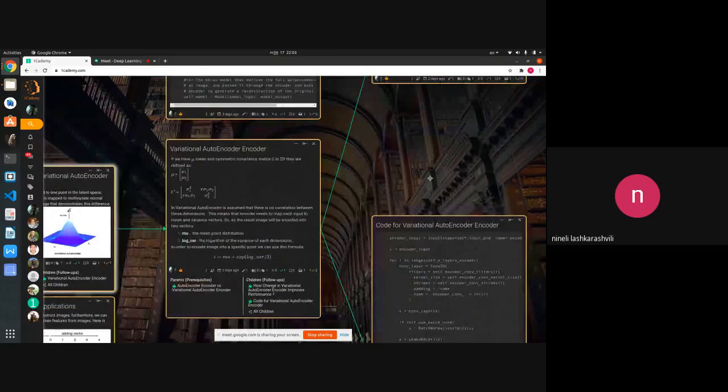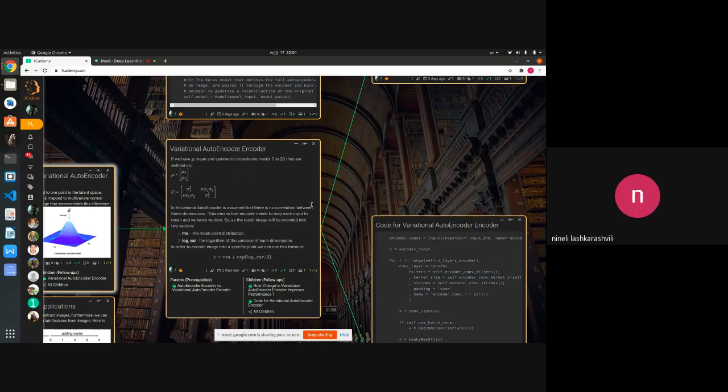I would now briefly describe the variational autoencoder encoder. So if you have mu, mean, and symmetric covariance C in 2D, they are defined as follows. So you can see it here. And in variational autoencoder, we assume that we don't have correlation between these two dimensions.